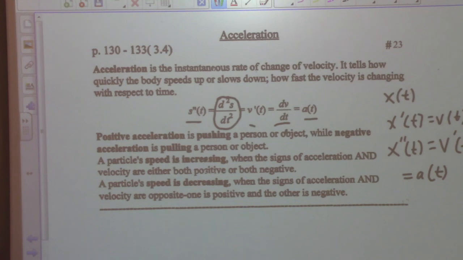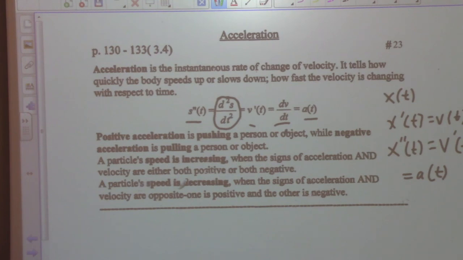Now, here's another thing that's important. A particle's speed is increasing when the signs of acceleration and velocity are either both positive or both negative. And we're going to find examples of that.